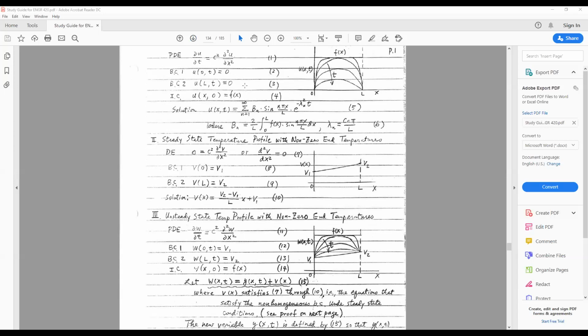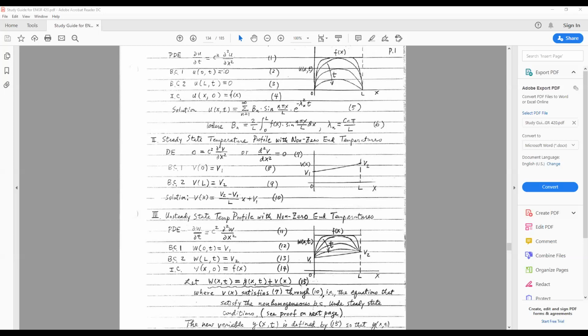Remember, the word homogeneous means the boundary condition involves the dependent variable only. It's called a homogeneous boundary condition.